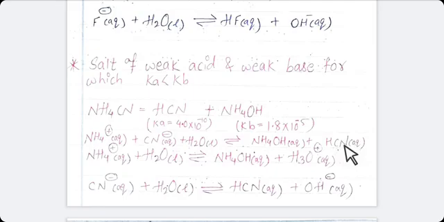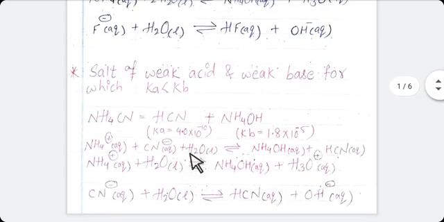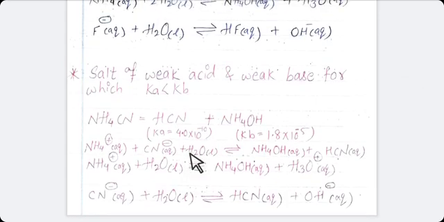As you have seen, students, in all the reactions of this topic we are using a reversible sign. So weak base and weak acid again give NH4⁺ and CN⁻ plus H2O, or NH4⁺ and CN⁻ with H2O hydrolyze and give NH4OH and HCN.